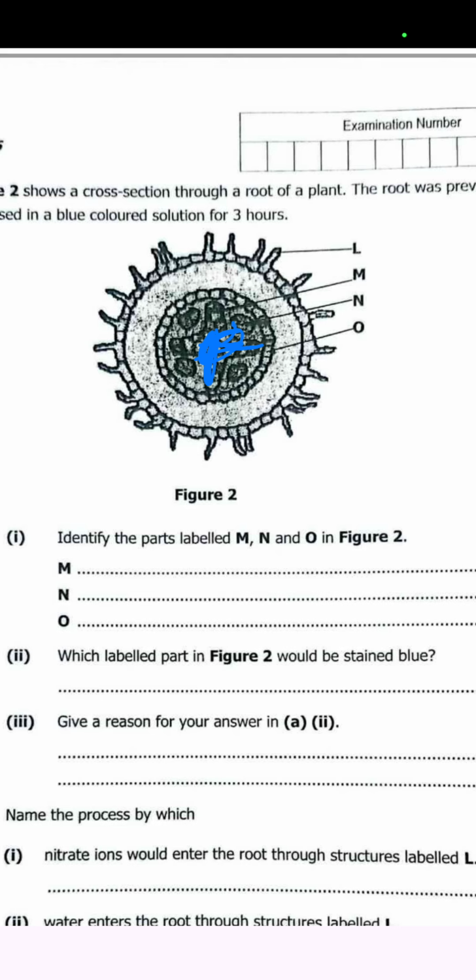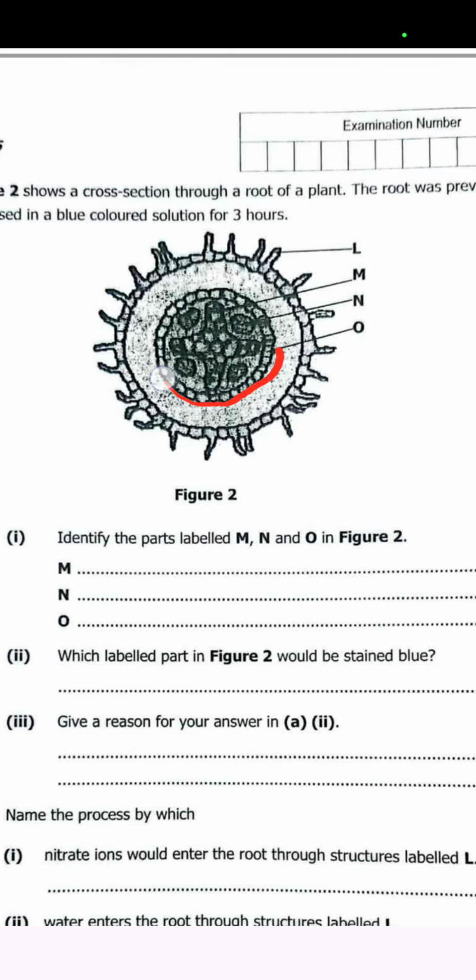Then N is talking about these tubercles here. Okay, these tubercles, what are they called? So if this plus is called a xylem, then these are called phloems. So N is a phloem. Okay, then let's now look at O. What is O?